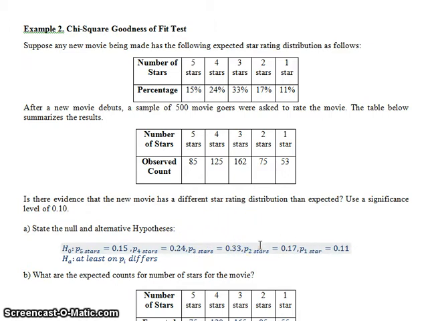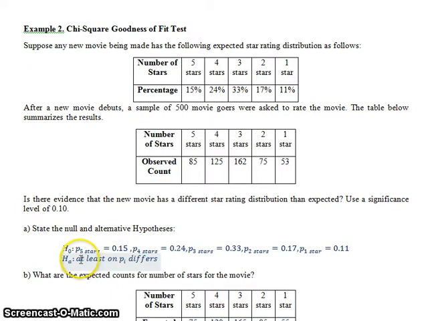And the proportion of 2-star ratings should be 0.17, and the proportion of 1-star ratings should be 0.11 or 11%. So this is the null distribution that we should expect to see, and the alternative hypothesis is that just one of these proportions is different from what we would expect it to.